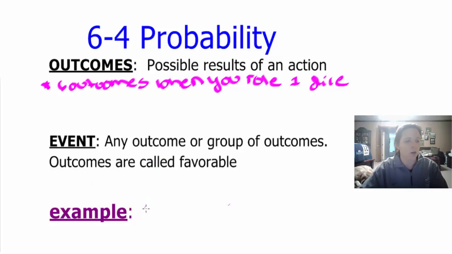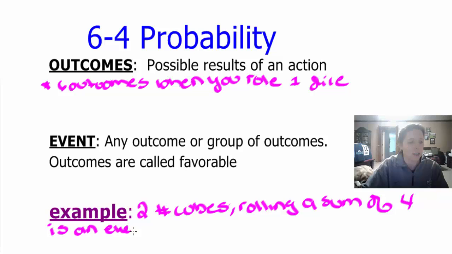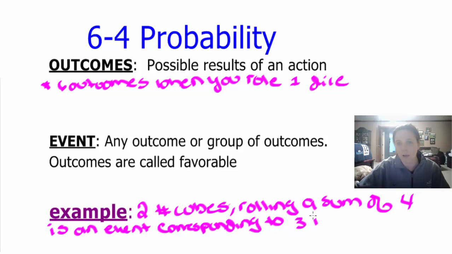If you roll 2 number cubes, which is the same as dice, rolling a sum of 4 is an event corresponding to 3 favorable outcomes.